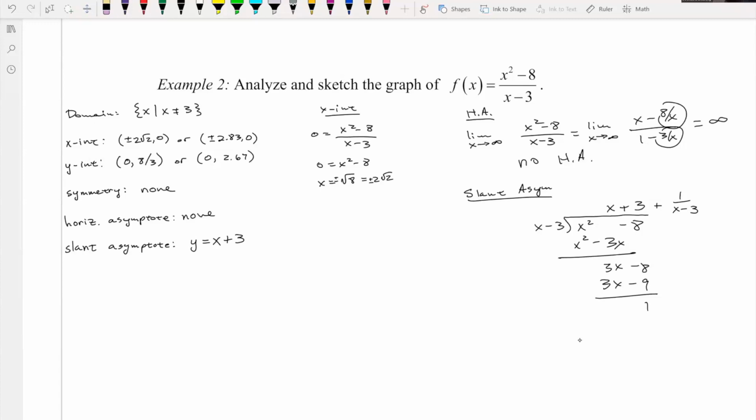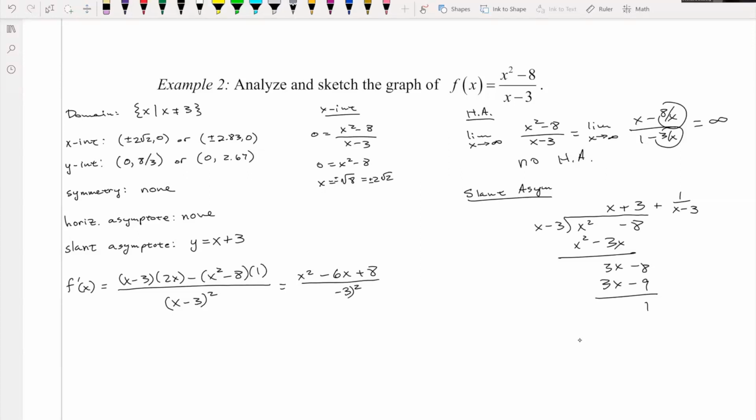Let's go ahead and find f prime of x so we can get critical numbers. f prime of x is going to be the bottom times the derivative of the top minus the top times the derivative of the bottom all over the bottom squared. This simplifies, I'm going to go ahead and just do it. 2x squared minus an x squared gives me an x squared, negative 6x, and then plus 8 all over x minus 3 squared.